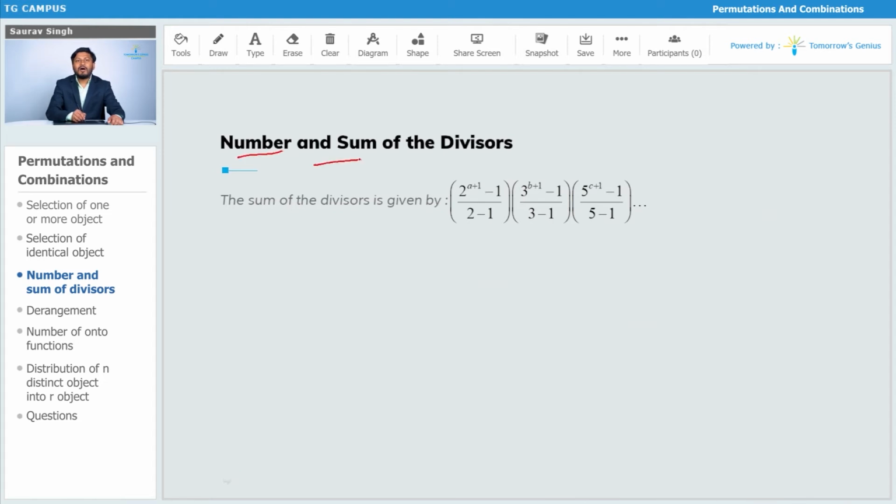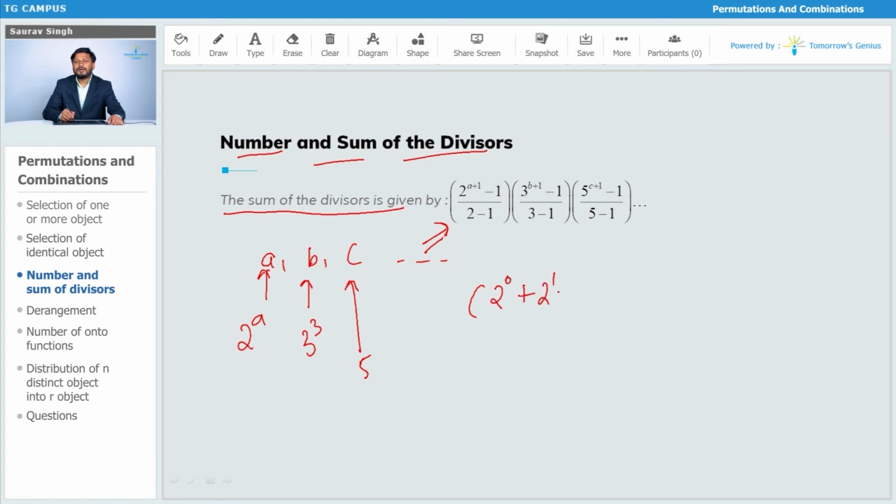Now the sum of divisors. If the number n has powers of primes a, b and c and so on, where a is the power of 2, b is the power of 3 and so on, c is the power of 5, then the sum can be written as (2 raised to the power 0 plus 2 raised to the power 1 up to 2 raised to the power a) into (3 raised to the power 0 plus 3 raised to the power 1 up to 3 raised to the power b).